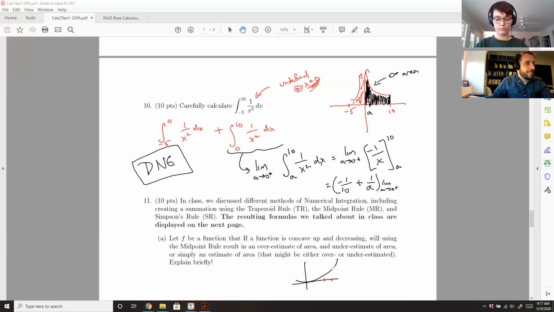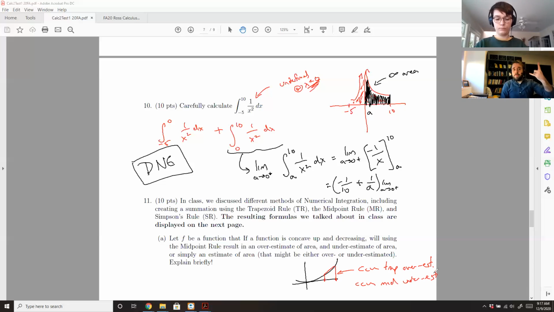Let me highlight that with a bigger trapezoid. So concave up led to a trapezoid overestimate. And similarly, if it was concave up, the midpoint rule would be an underestimate.